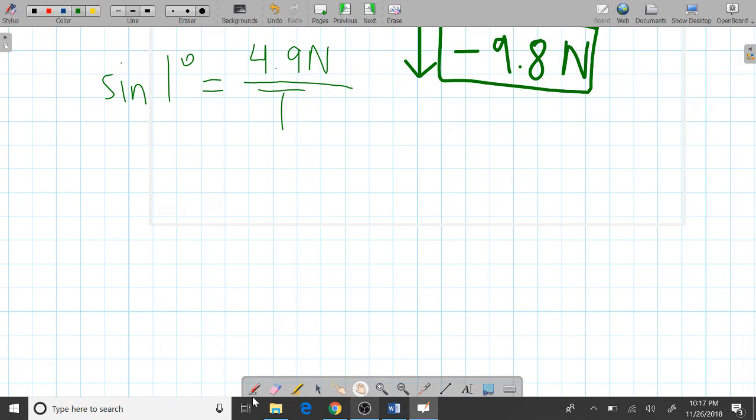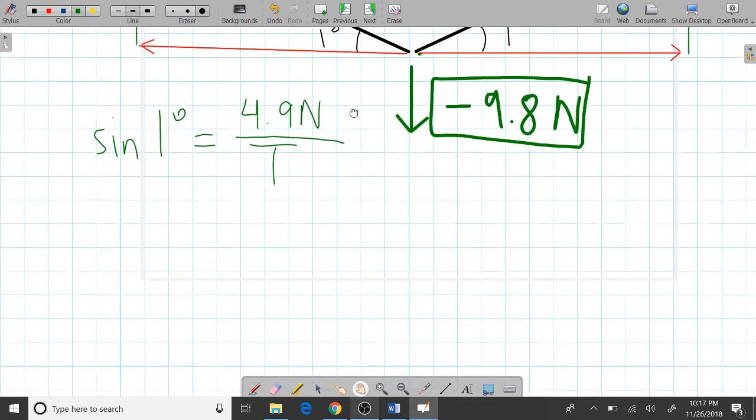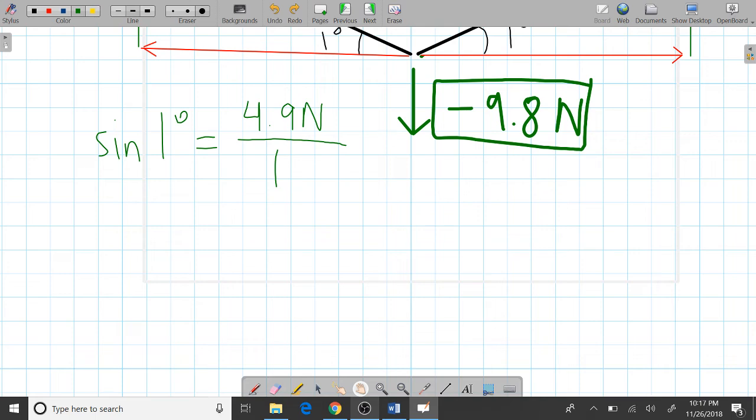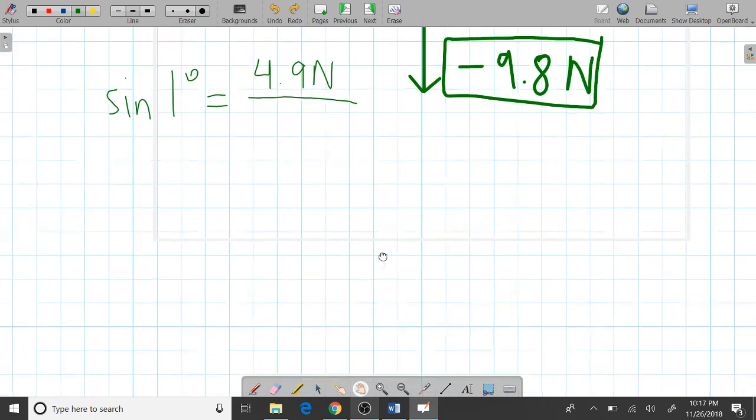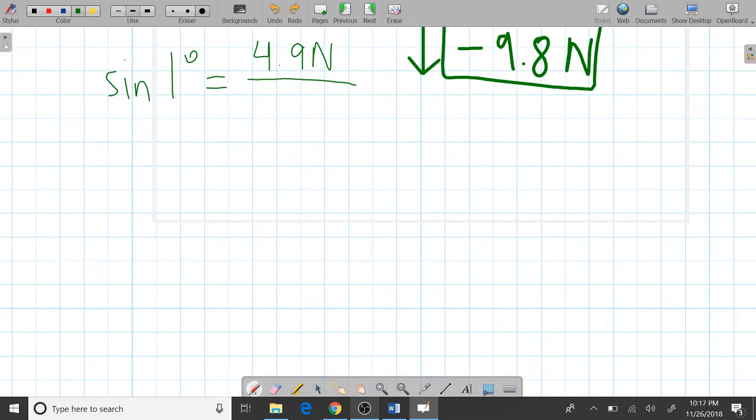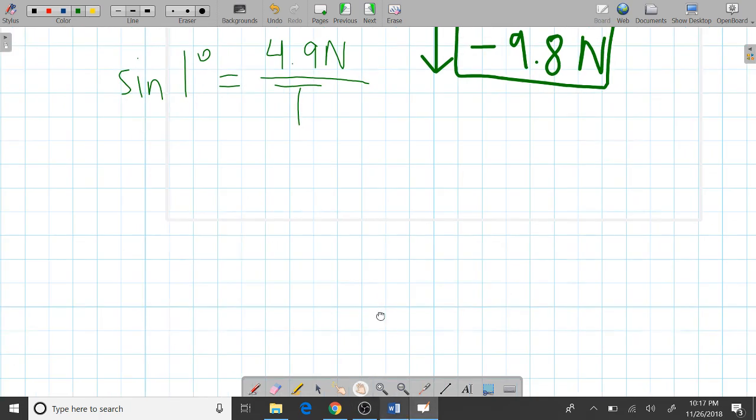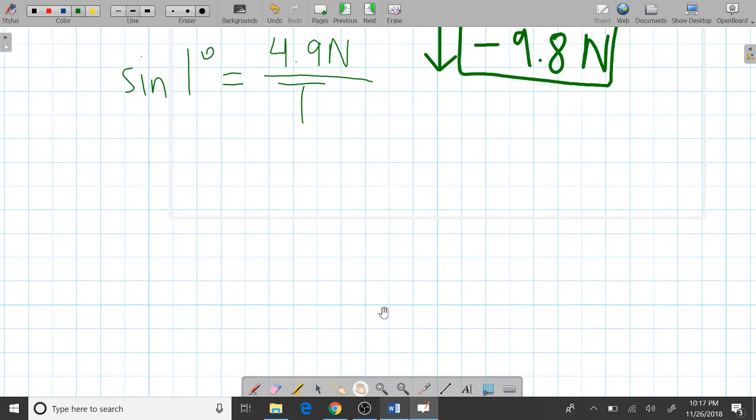In order to do that, I need to take the right-hand side of this equation and multiply by T. So put T in parentheses, multiply by T. That goes away.